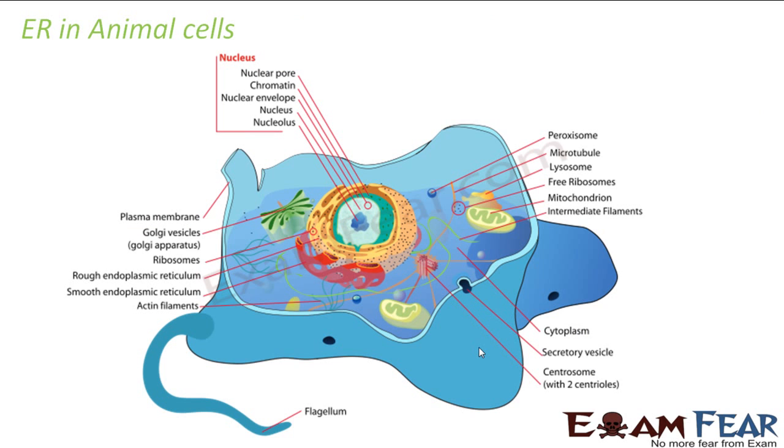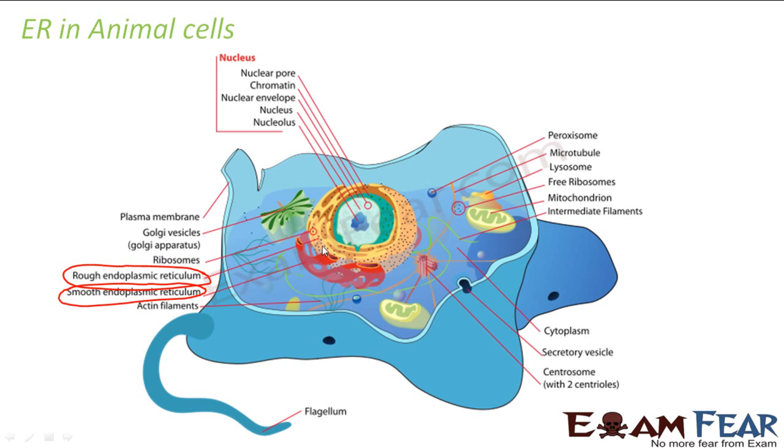Let us look at the endoplasmic reticulum in an animal cell. Here we can see the endoplasmic reticulum. This is my rough endoplasmic reticulum and this is my smooth endoplasmic reticulum. Where is my rough endoplasmic reticulum? This region, you see there is a dotted region in light yellow or light brown, whatever you call it.